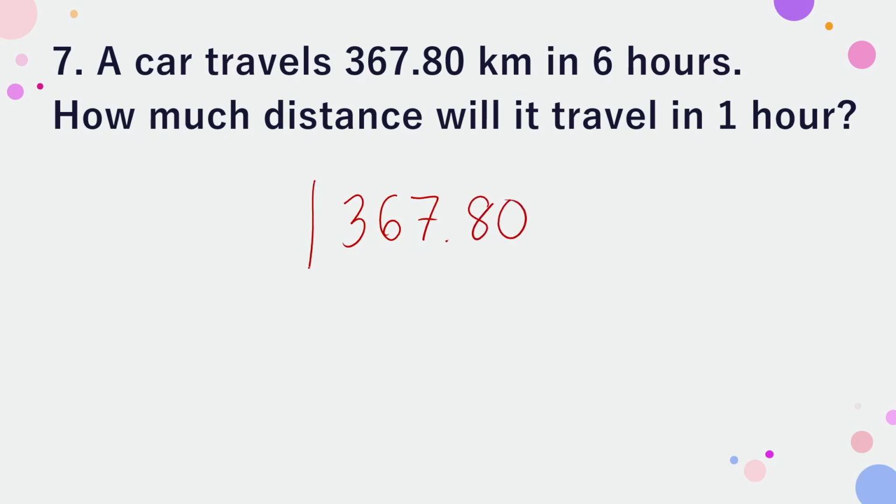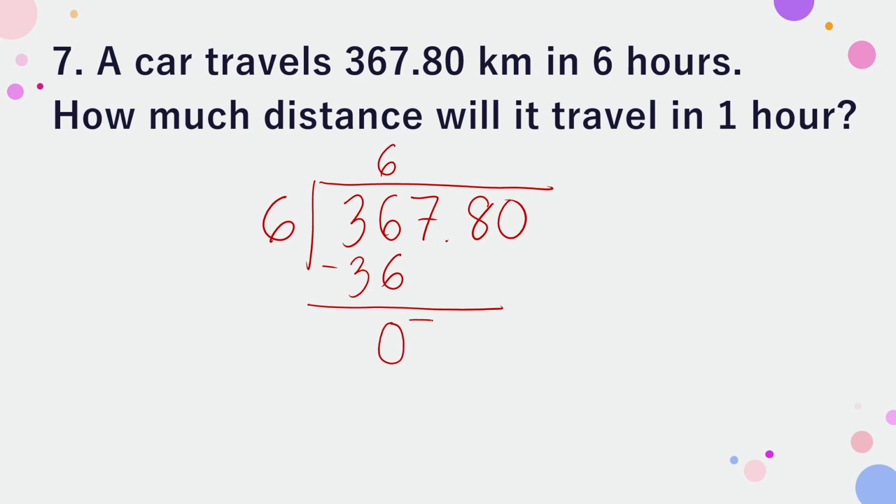So 367.80 divided by 6. Let's start with 36 divided by 6. That's 6, right? 36. You subtract. That's 0. Bring down 7. 7 divided by 6 is 1. That's 6. I have 1. Bring down 8, 18. 18 divided by 6 will give us how much? 3. 18.